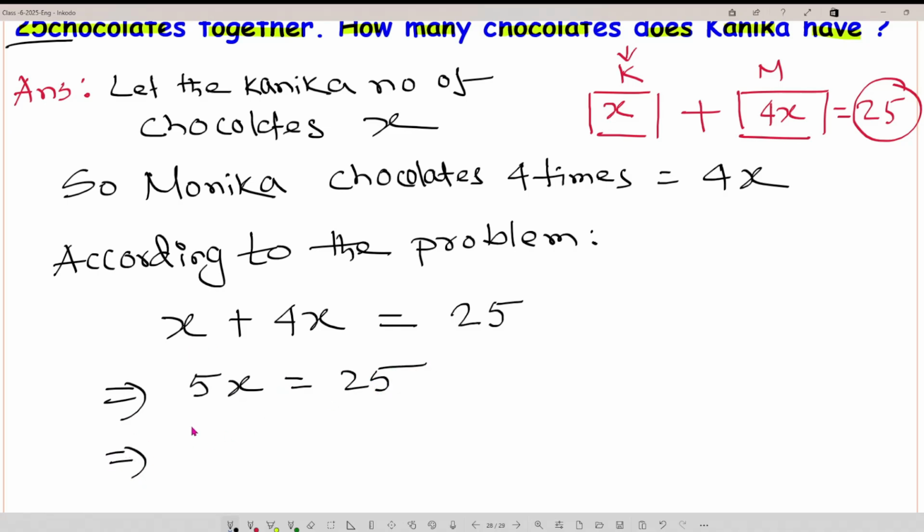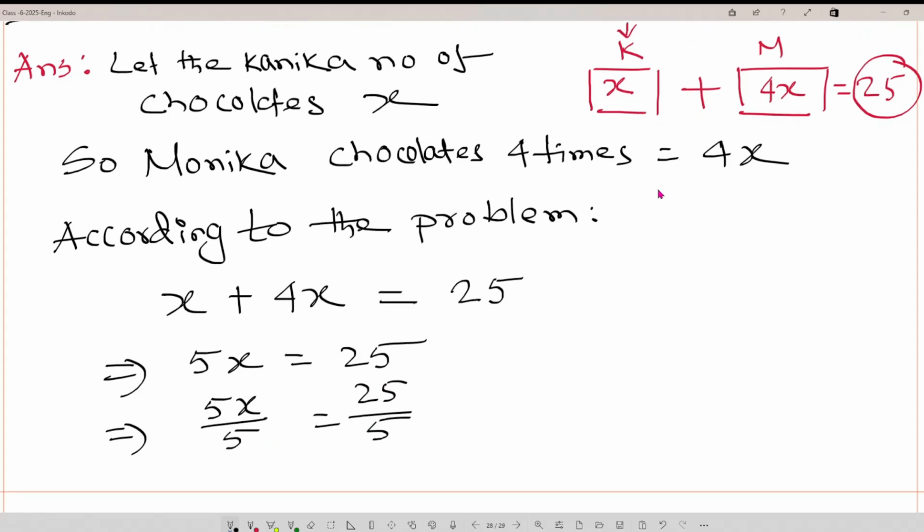Now we can divide both sides by 5. So 5x divided by 5 equals 25 divided by 5, right? So x equals what? 5, because 25 by 5 is 5.